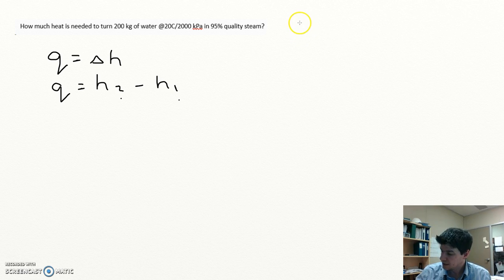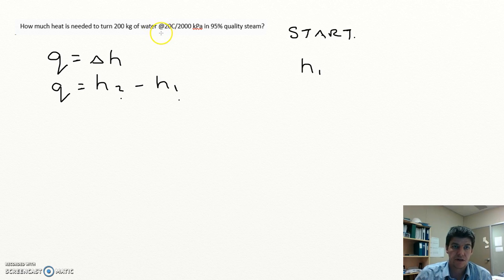So I can break these out so that I look at them separately, and what I can say is that here's where I start. So I start with the idea that H1 is my enthalpy level. And if I look at where I start, what I'm starting at is some water at 20 degrees Celsius and 2000 kPa.